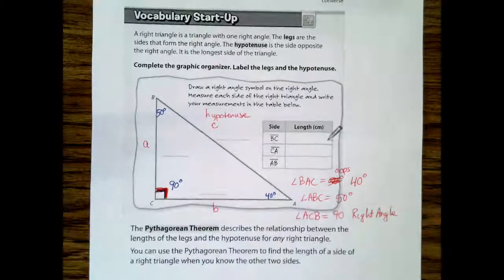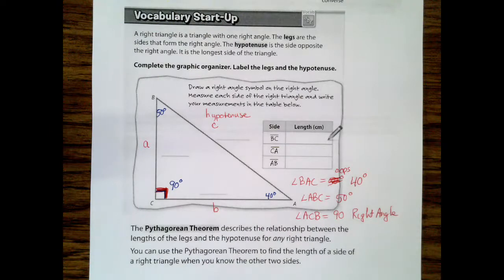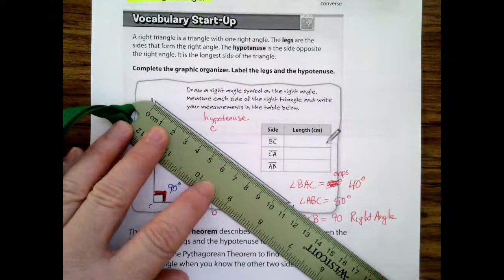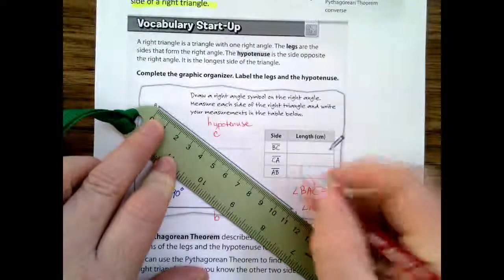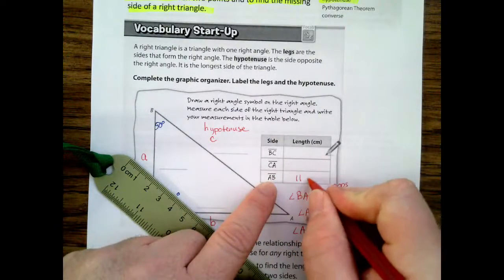Okay. And it says to measure a little bit. We could do a quick measure just for the purposes of how you would measure this. If I had to measure it in centimeters, the longest side should be the longest. It says 11 centimeters from 0 to 11. And that's AB, 11 centimeters.